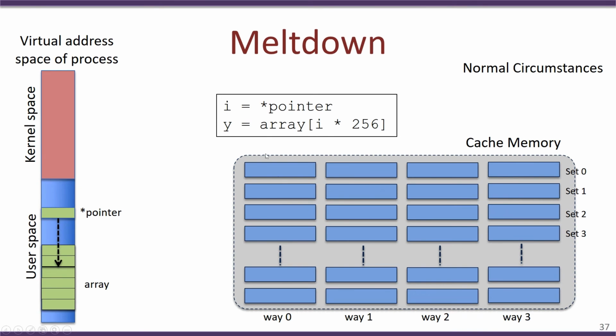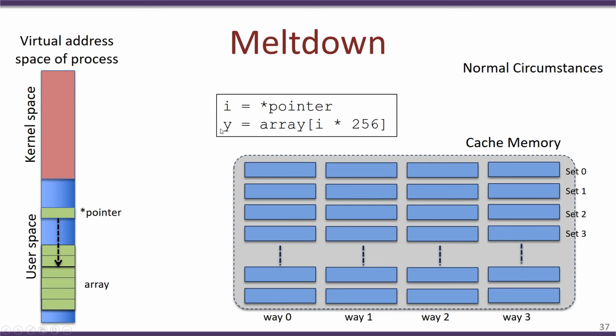So, due to this particular load, what we know due to the processor architecture is that the contents of the array corresponding to I into 256 would be loaded from the main memory into the various caches and would also get loaded into one of the general purpose registers present in the processor. So, it would look something like this.